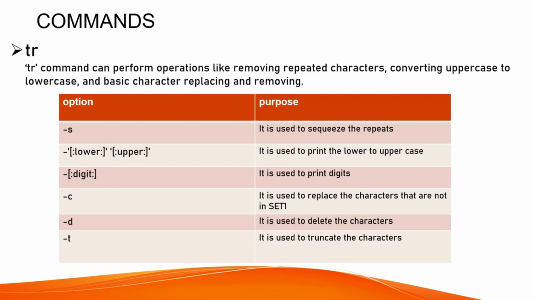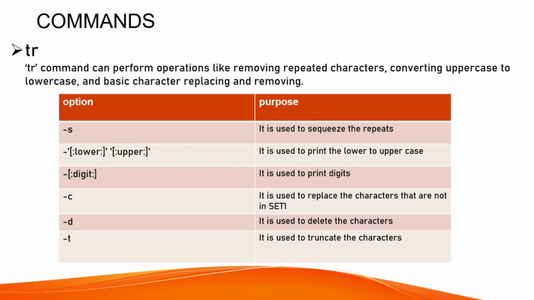Moving to our next command, tr, which stands for translate. This command is used to remove repeated characters, convert upper to lower case or vice versa, or replace or remove characters. The first option is -s, which squeezes the repeats.